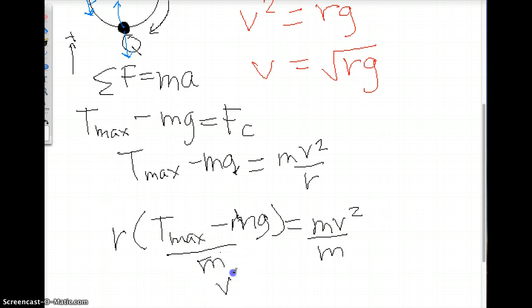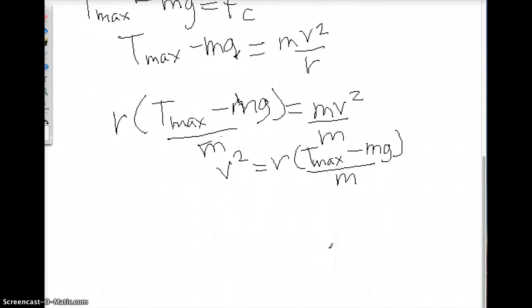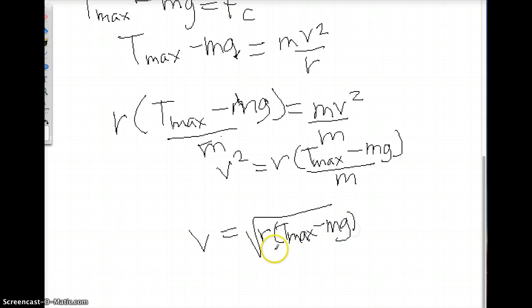We're left with v squared is equal to all of this over m, and then finally taking the square root will give us the final answer. So that is the maximum velocity that the ball can have, given that the string has been pushed to its max tension.